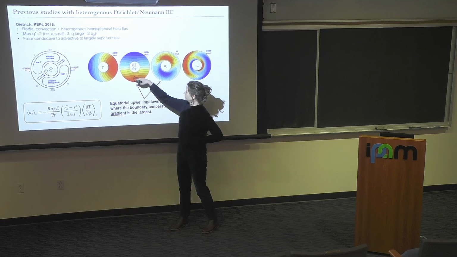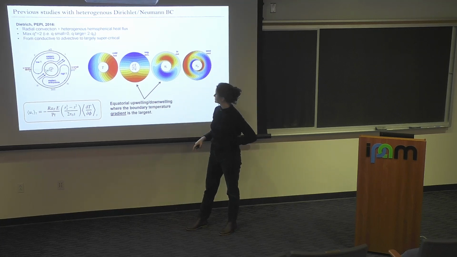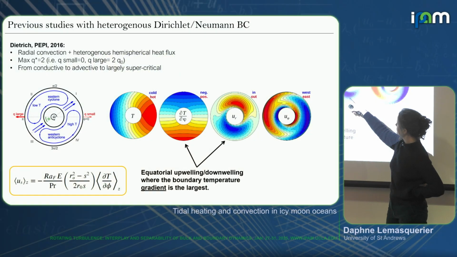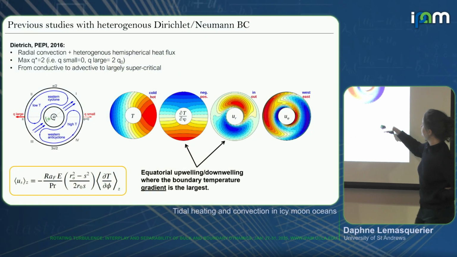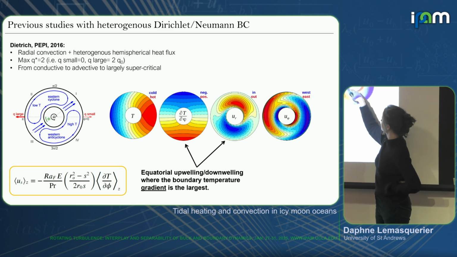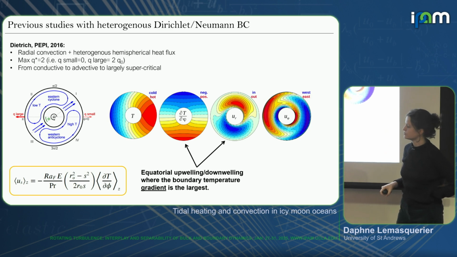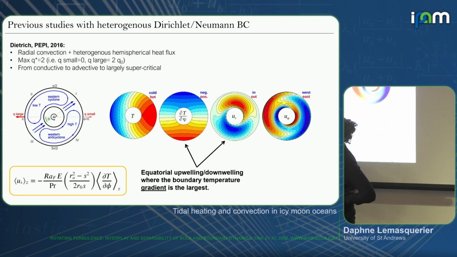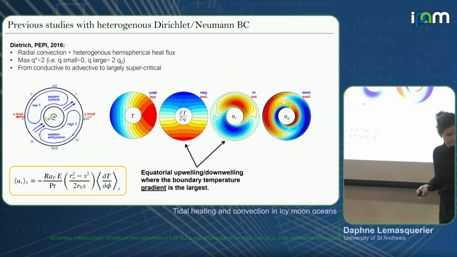The temperature gradient along longitude is largest here and here. And as a consequence, you get a downwelling here and an upwelling here. Okay, and if you look at the corresponding azimuthal circulation, you have this kind of loop that develops to close the circulation. And this is what is represented on this diagram on the left.